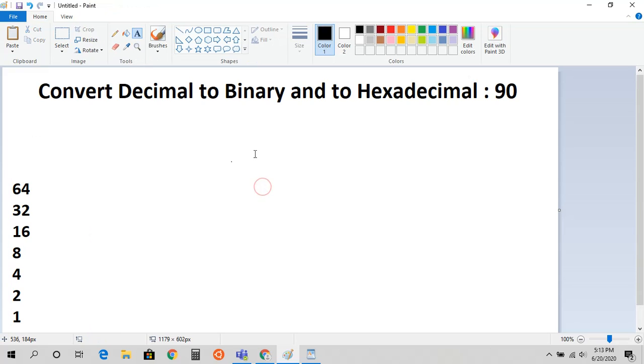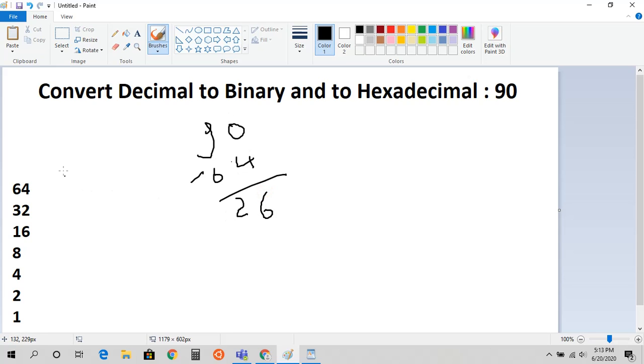Our next step is 90 minus 64, and that gives us 26.